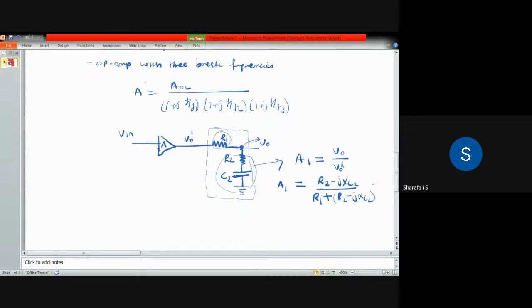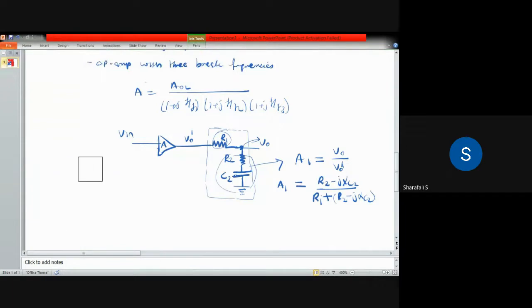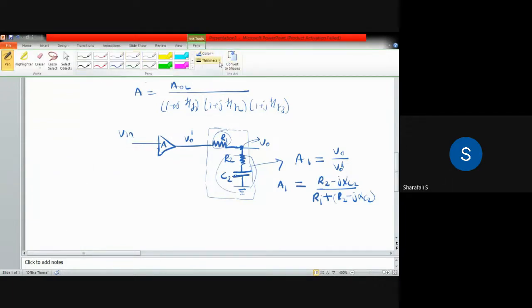When we take V0 by V0 dash, the V0 dash terms cancel and only this term remains. This is the gain associated with this compensation network.